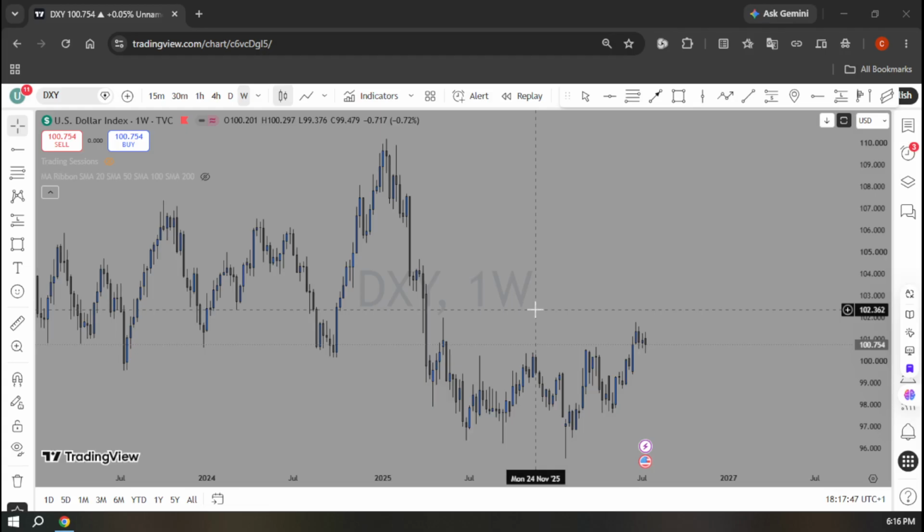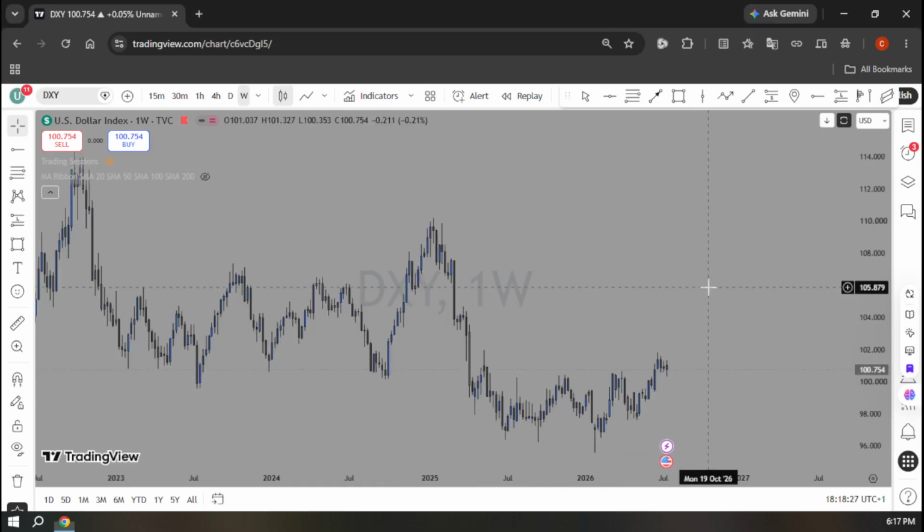This is DXY, and I'm looking at it on the weekly time frame. When you are identifying your ranges, there are certain things that you have to look for. The market blueprint range is defining a clear dealing range. We have to establish our boundaries and look for the most recent displacement that swept liquidity and created a new structural high or low, such as this here on the weekly, this and this.